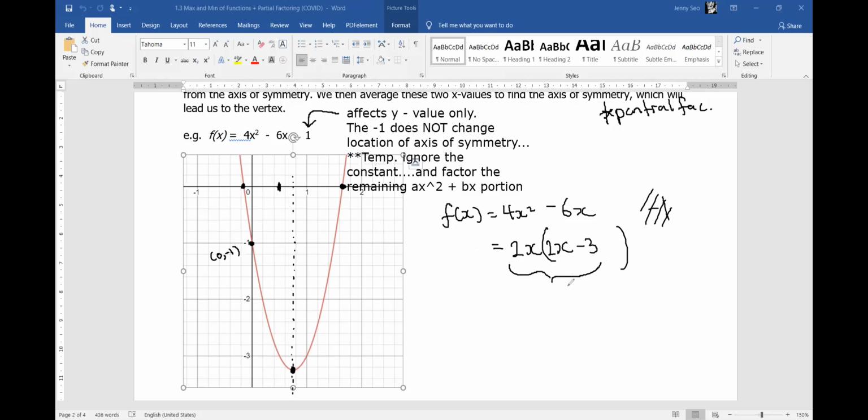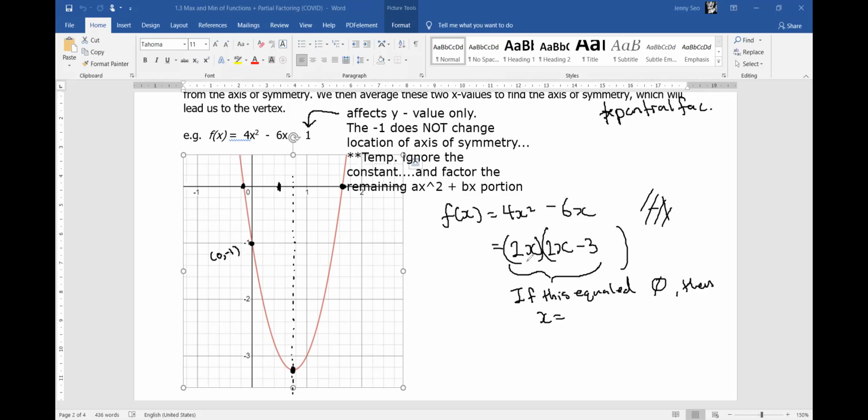If I'm looking for the x-intercepts, remember, if I find the x-intercepts, I can find the axis of symmetry. If I'm looking for the x-intercepts, what's the y value? Zero. X-intercepts. Okay. What are my roots?